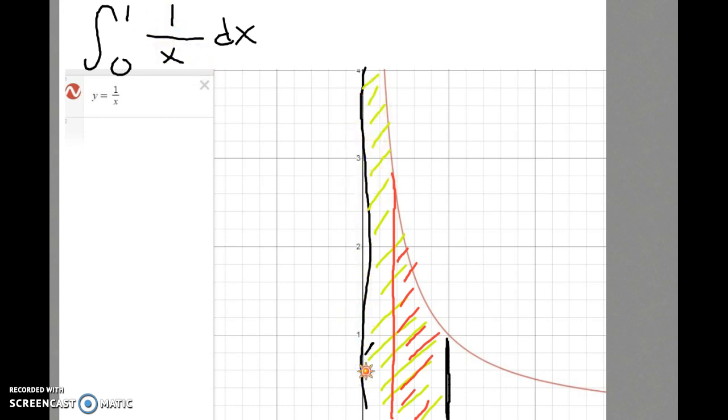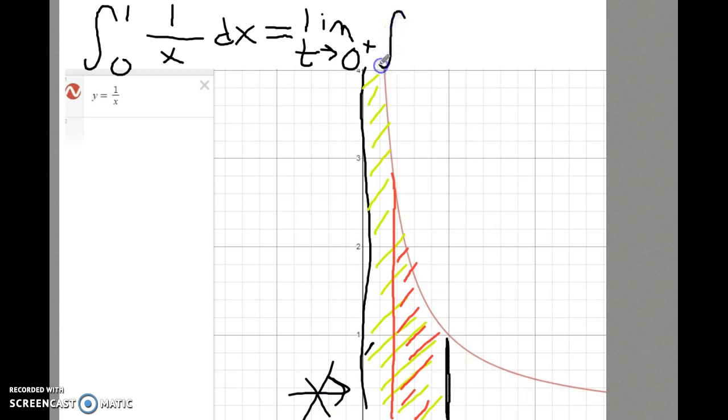When you've got a vertical asymptote within your interval of integration, then we need to express this as a limit, because this is an improper integral. So we write this as the limit as t approaches 0 from the right. We're not trying to approach that asymptote from both sides. We're not even trying to approach 0 from this side, only from the right. So this is a one-sided limit.